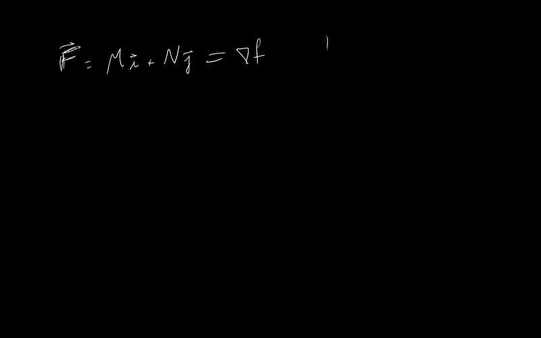Well, if it is, then f is some function of x, y, and M is equal to the partial derivative of f with respect to x, and N is equal to the partial derivative of f with respect to y.